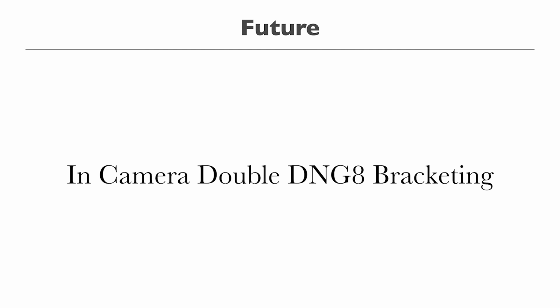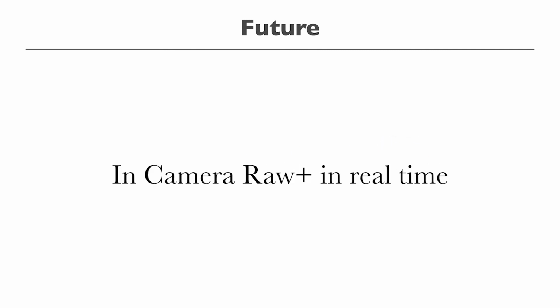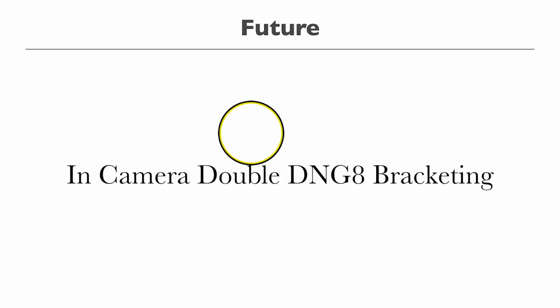But it's much harder than DNG8 and RAW Plus, and even harder than in-camera RAW Plus, maybe impossible. It takes a lot of time for the engineers to craft this functionality inside the camera.